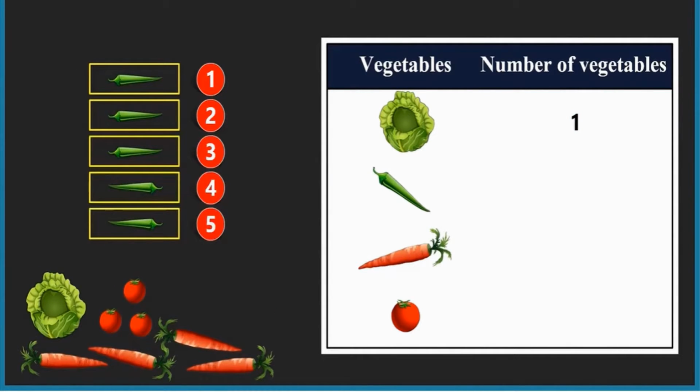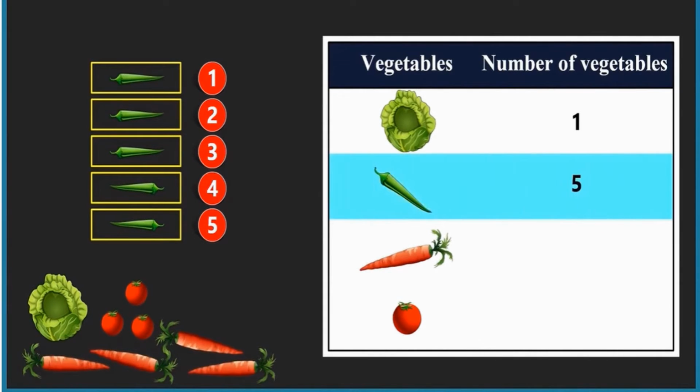There are 1, 2, 3, 4 and 5 green chilies. So we write 5 against the green chili.